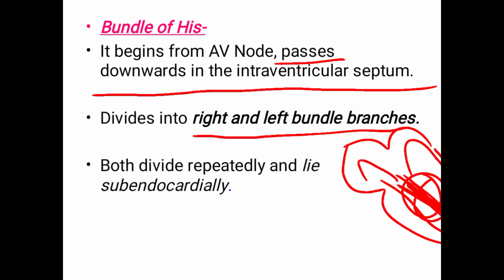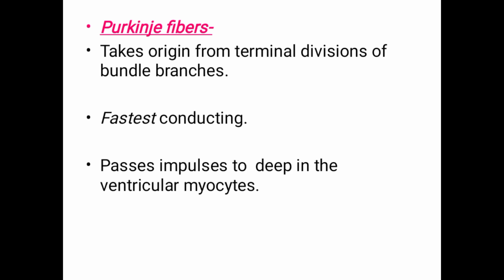After this, both the branches divide repeatedly and lie subendocardially. Just remember, they divide repeatedly and form the Purkinje fibers. These Purkinje fibers take origin from the terminal divisions of the bundle branches.